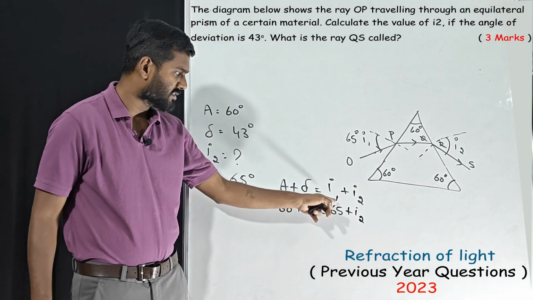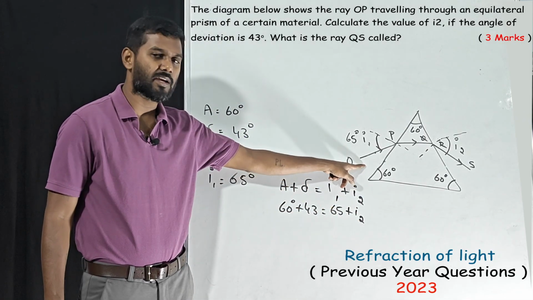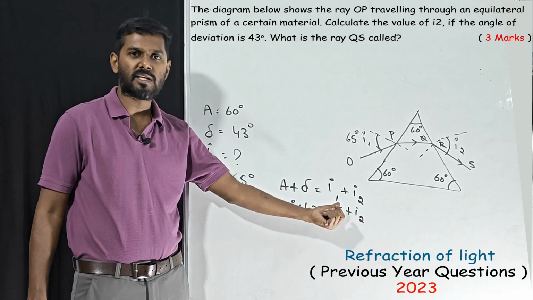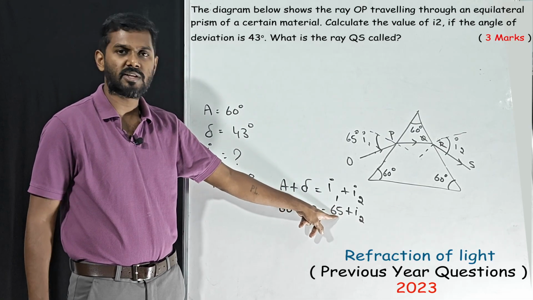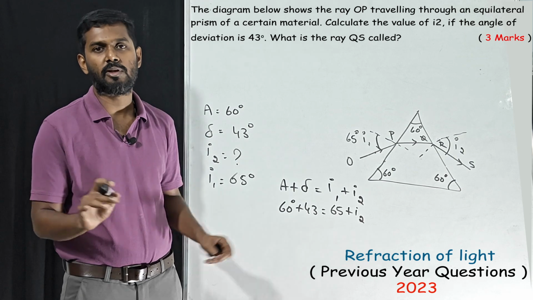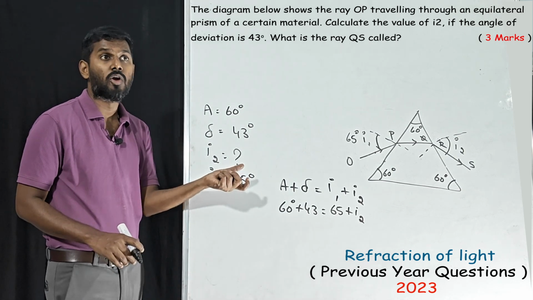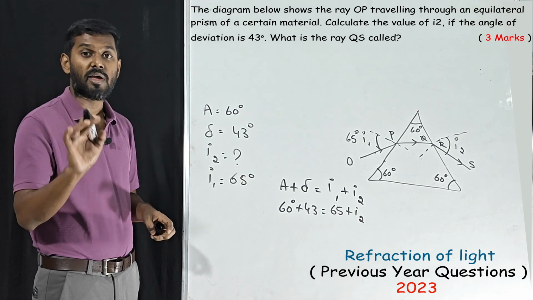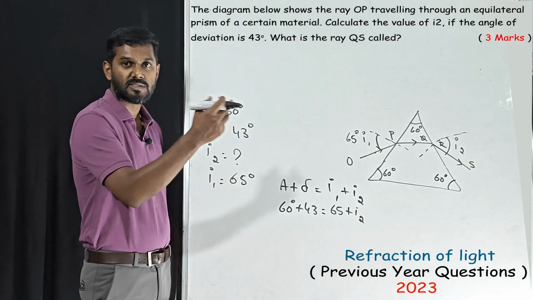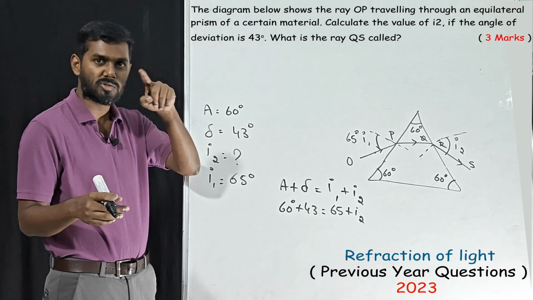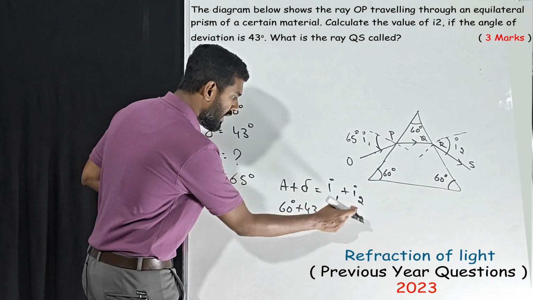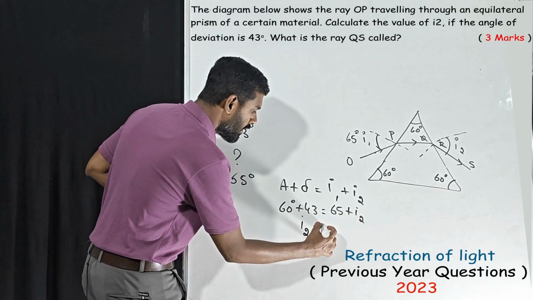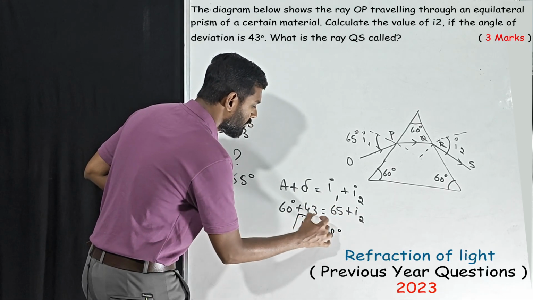Instead of I1 65, if you take 25 here, the first mark is given for the substitution, and everything will become wrong. This question is for 2 to 3 marks. You have to be very careful. This question is actually for 3 marks because we have one more sub question. If you substitute all these things, I2 will be equal to 38 degrees.